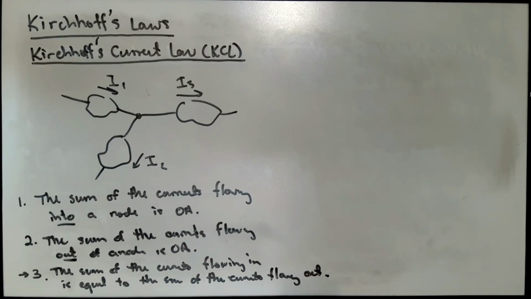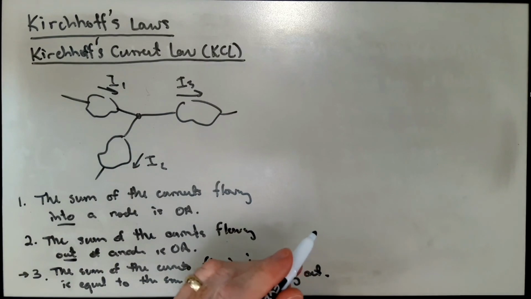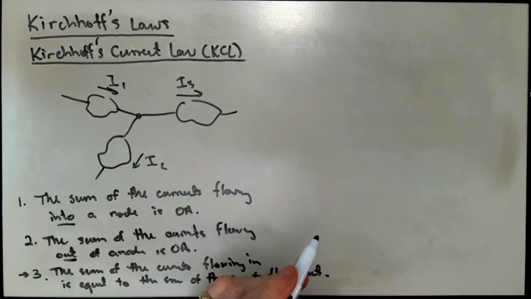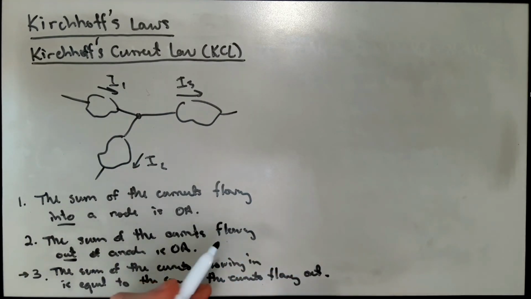So again, you can write the same equation three different ways by putting either all the terms on the left-hand side or all the terms on the right-hand side, or you can put the terms that are negative on the other side and keep basically some on each side.